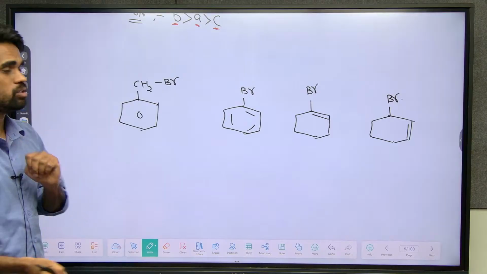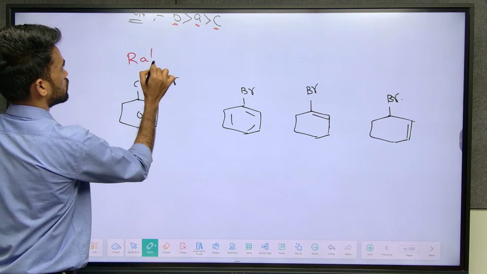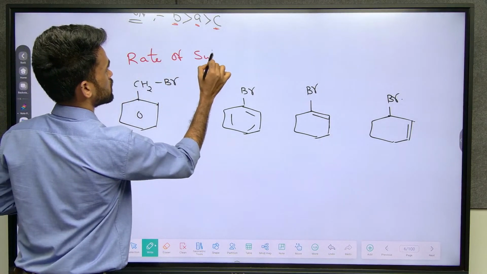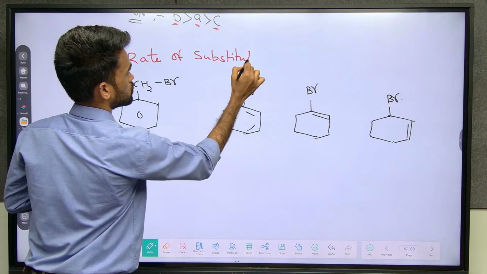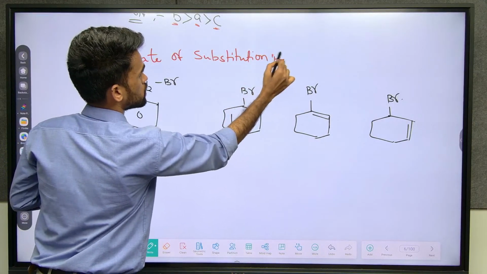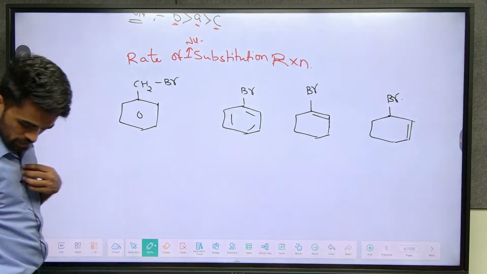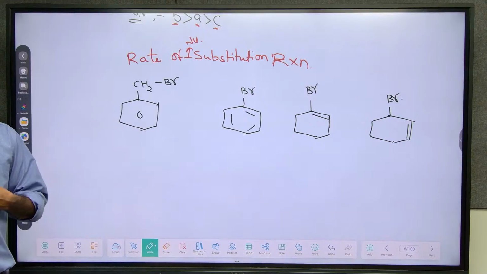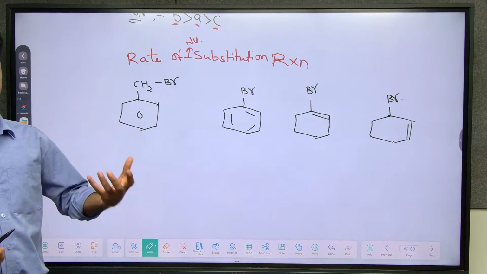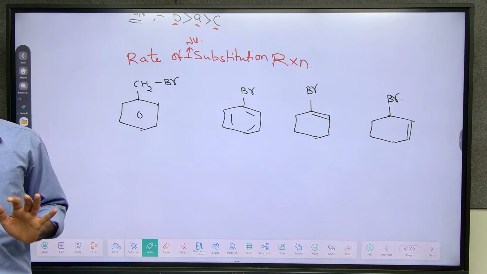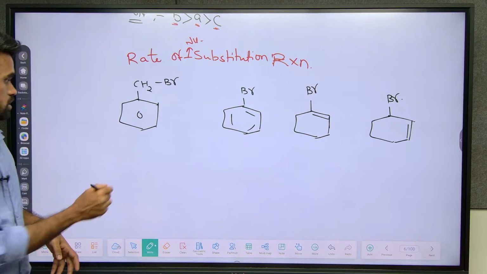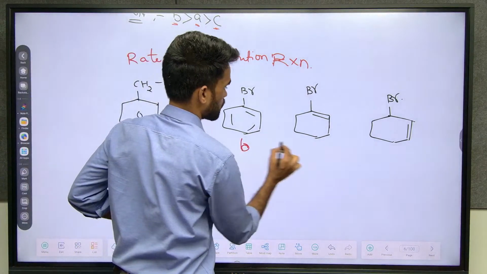They will give rate of substitution. They will ask about nucleophilic substitution. What will they ask? Rate of nucleophilic substitution. It means which participates more easily in the reaction. They will say 4 compounds A, B, C, D. Fast.